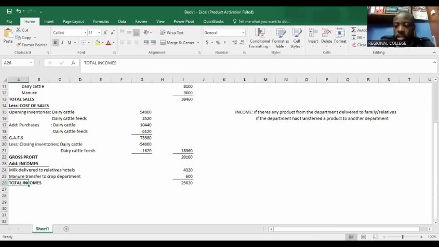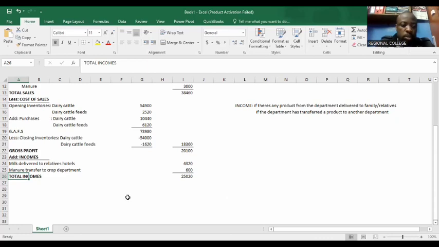Then you less expenses, only expenses relating to the livestock department. That is the only thing that you less.